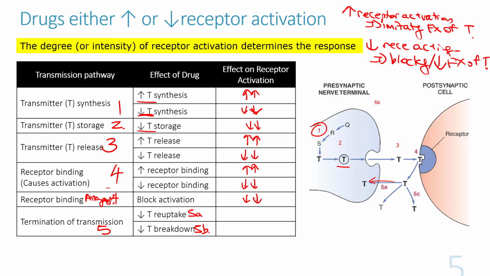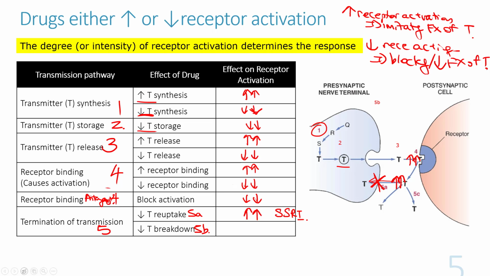But if you block this action of 5A, it means there's more transmitter in the synaptic cleft, and if there's more transmitter in the synaptic cleft, there's more transmitter able to bind. So if you decrease reuptake, then you increase the receptor activation. And this is how selective serotonin reuptake inhibitors that are used as antidepressants actually work.